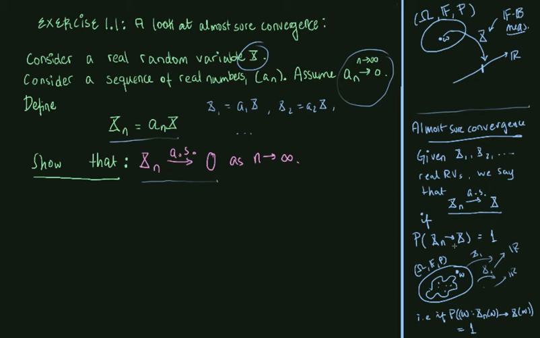And what we mean more specifically by that is if the set of omegas on which Xn tends towards X has full probability 1.